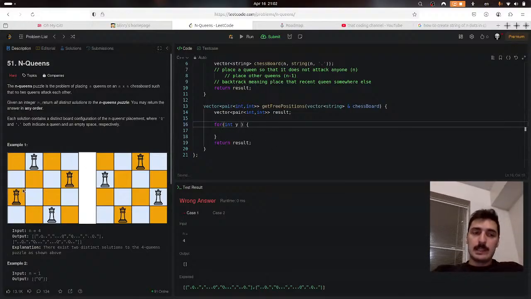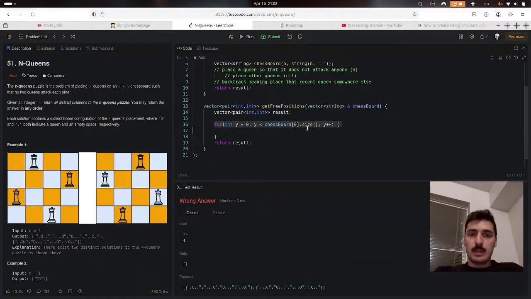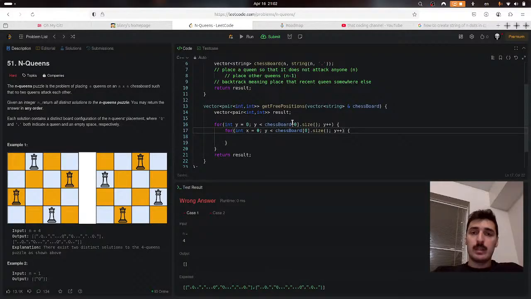Let's call this y, and y is less than chessboard 0.size, y plus plus, and we also need an x coordinate. Let's just give it n. Just say n. We don't need a chessboard.